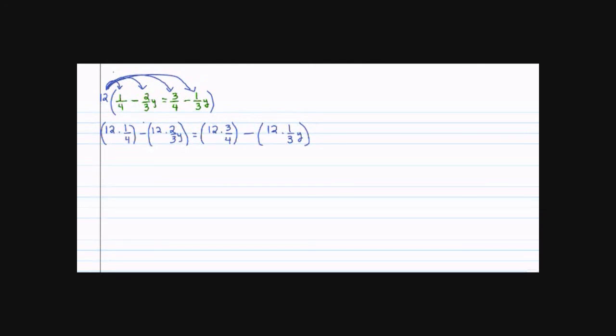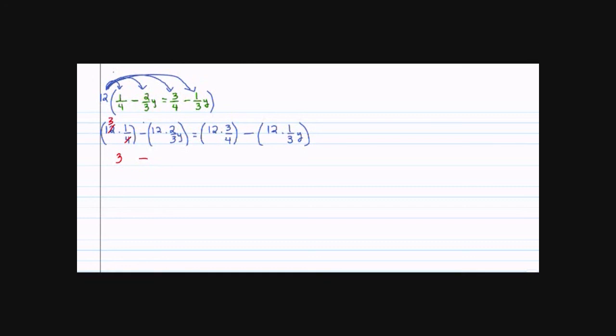The short way says this: 12 divided by 4 goes into 12 3 times. 3 times 1 is 3. What I did was I divided both numbers by 4. Minus, now I have 12 and 3.